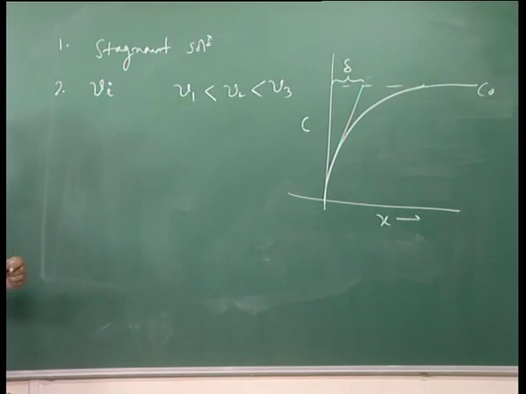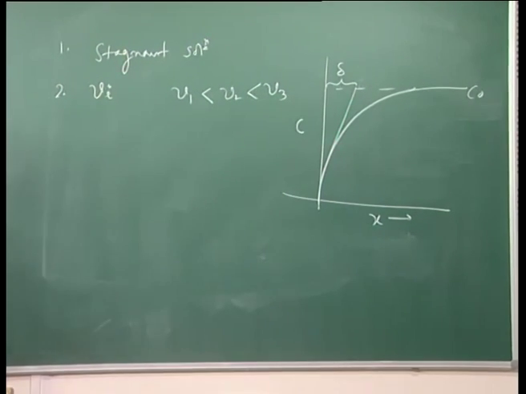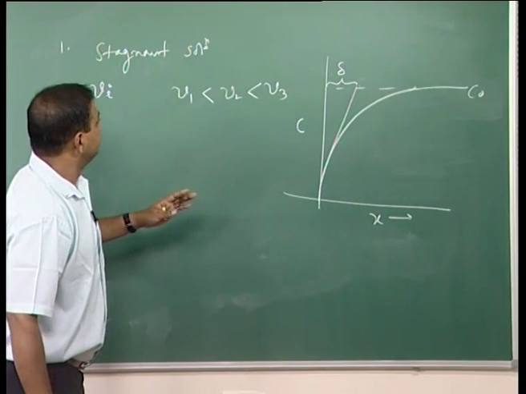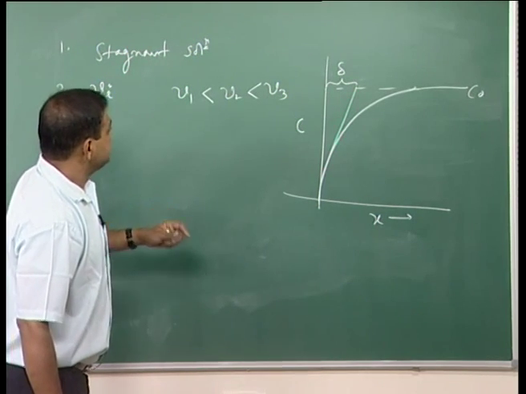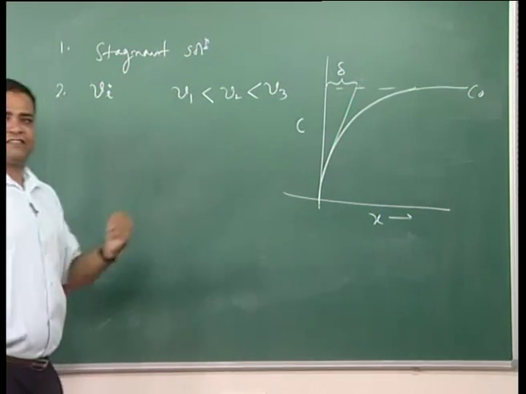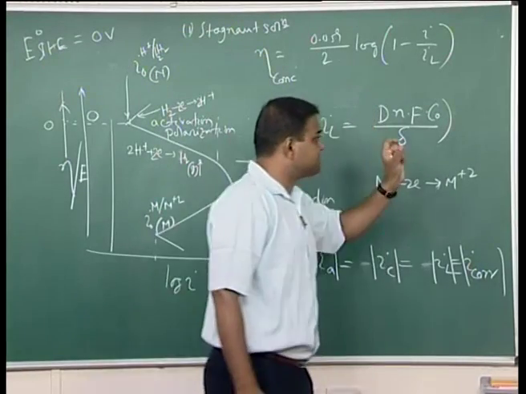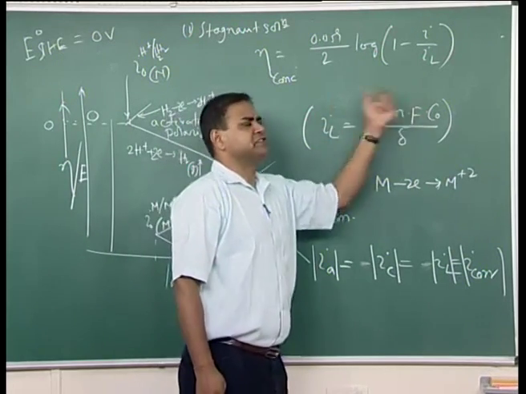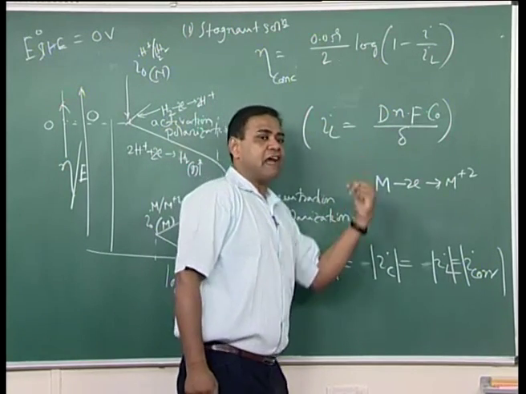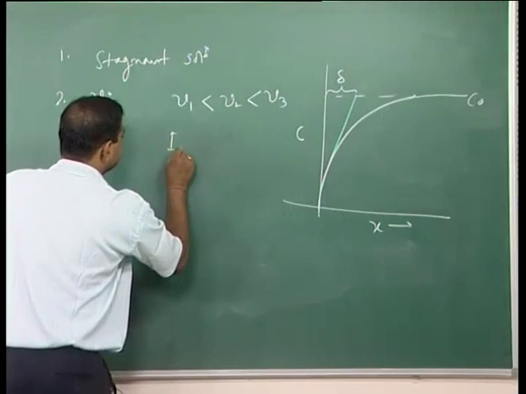Now, if you increase the velocity, what would happen? This part will decrease. Now delta, the boundary layer thickness, is decreasing, so what would happen to IL? If nothing else changes, then IL will gradually increase.